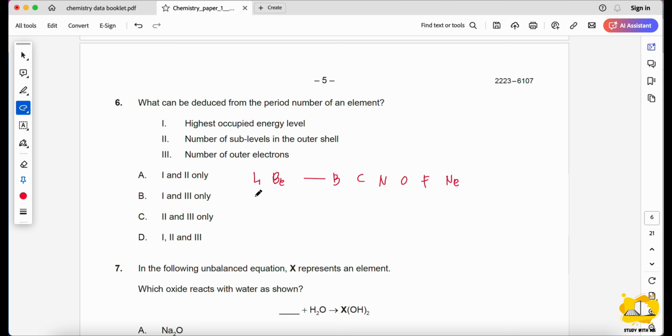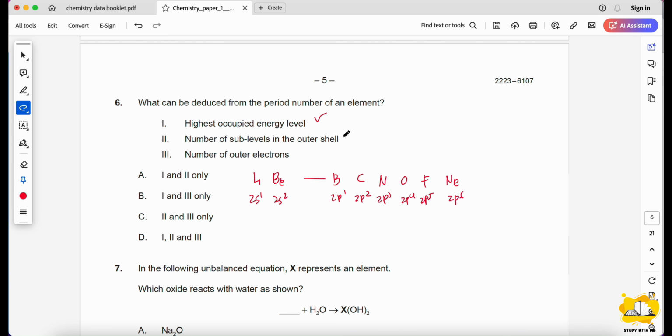So the electron configuration will be 2s1, 2s2, 2p1, 2p2, 2p3, 2p4, 2p5, and 2p6. So from this, we can actually see the highest occupied energy level and the number of sublevels for these elements.